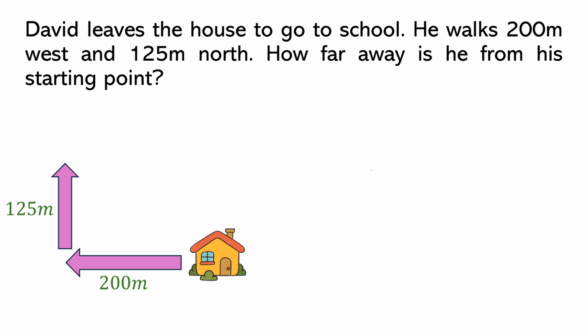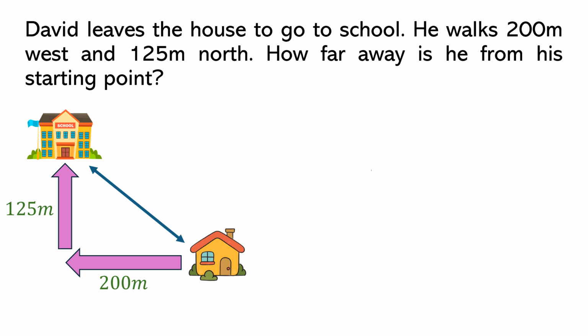So it's saying that he leaves the house to go to school. So I'm going to put the school there. And this is what it is looking for. It's the distance from the house to the school. Direct, not going to the left and up, meaning not the total distance. It's asking for the exact distance between the starting point, which is the house, and the school, unless it's asking for the total distance traveled.